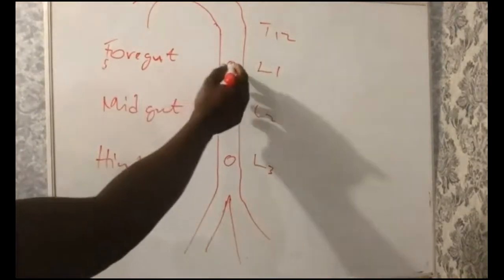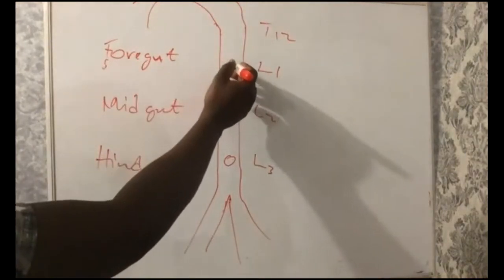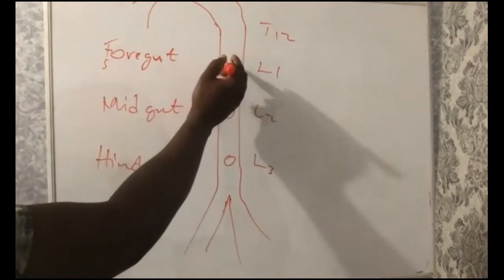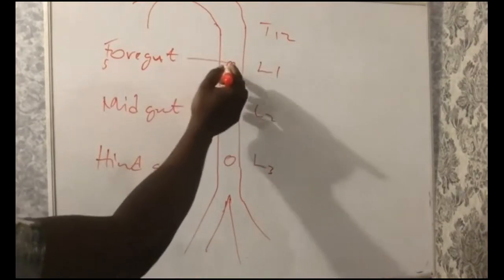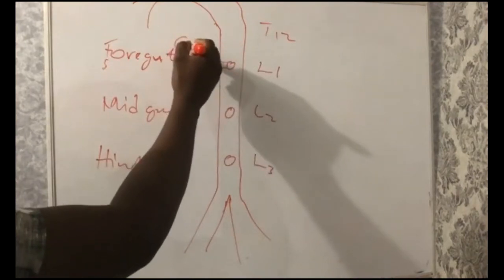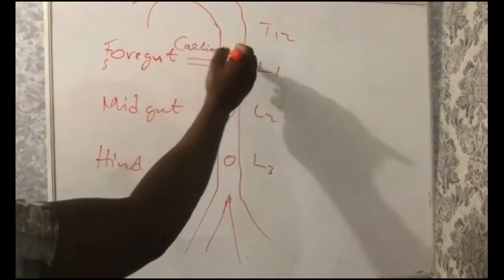So the foregut here is supplied by the anterior branch coming from the level of L1. And this branch of blood vessel is called the celiac trunk, right?